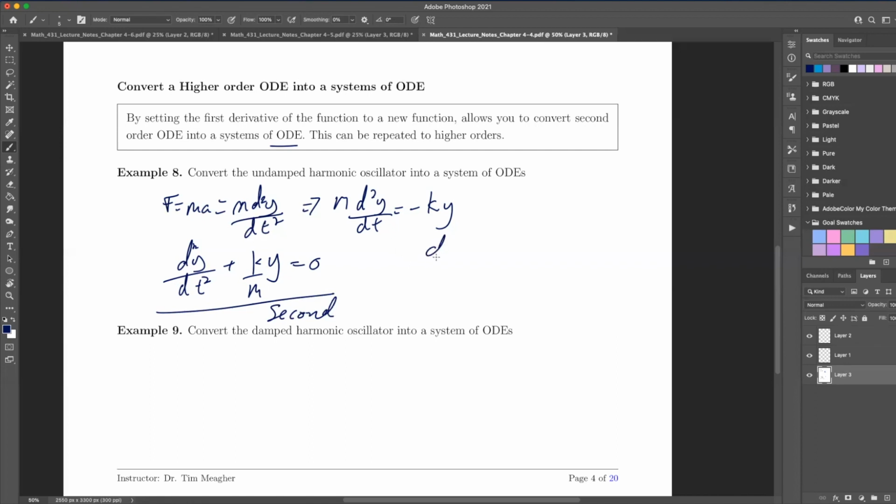Well, I can introduce something. I can say dy/dt is equal to v, right? The change of position is equal to velocity.